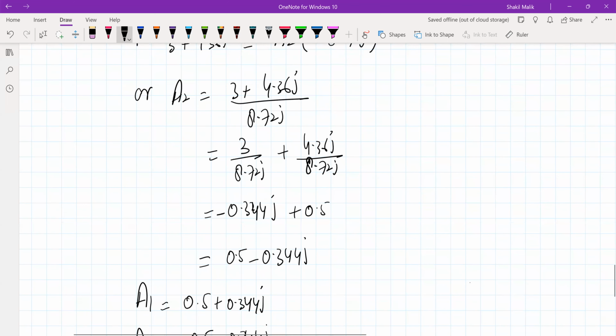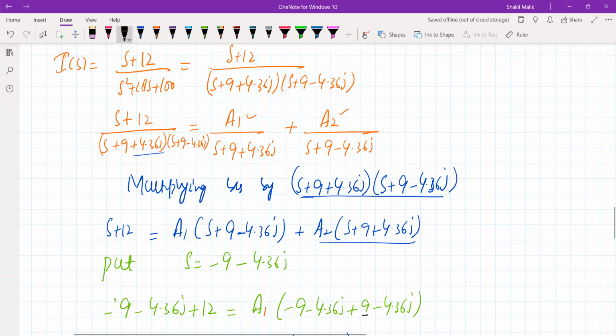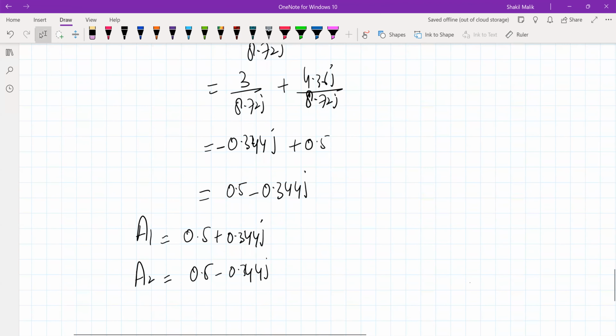So substituting back here, we'll get I of s as a partial fraction.